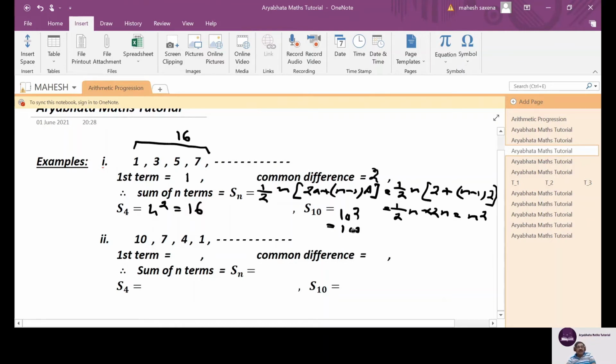Now we come to the second example. Suppose the terms are 10, 7, 4, 1. In this case, the first term is 10 and the common difference is minus 3.